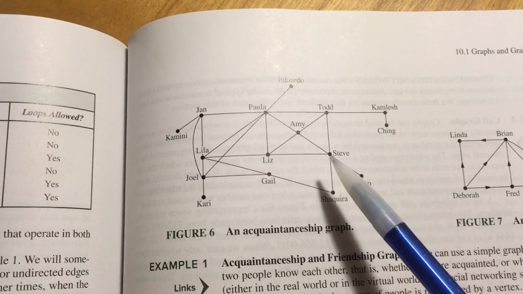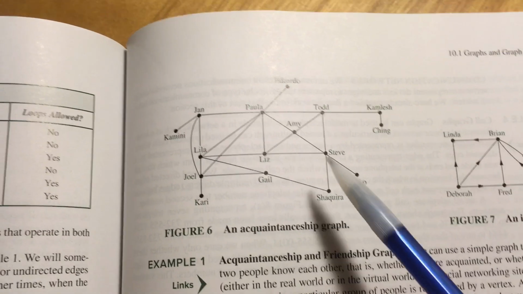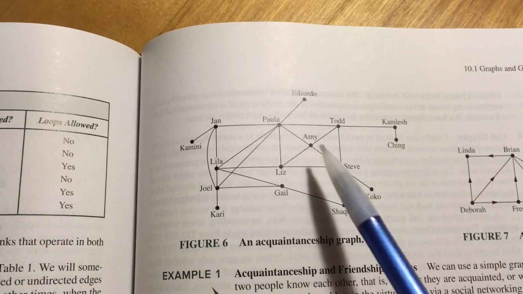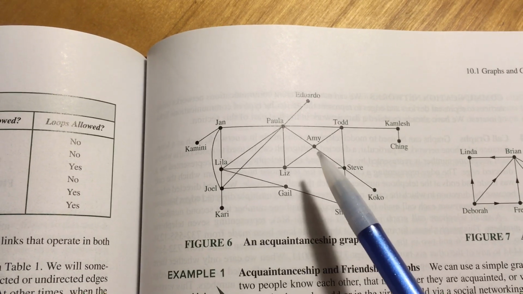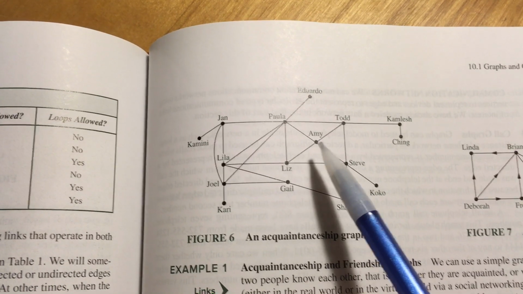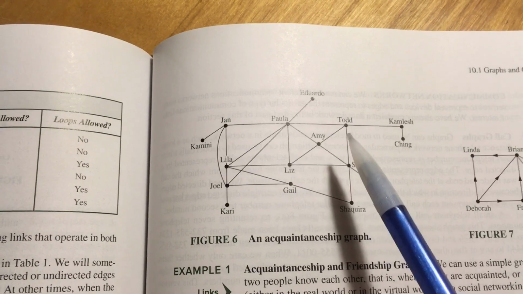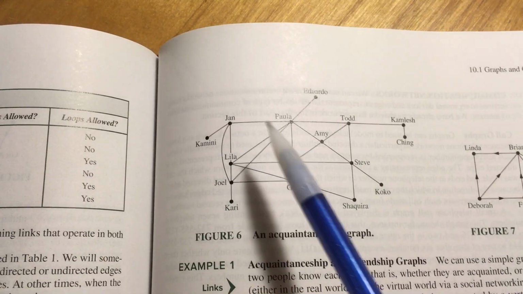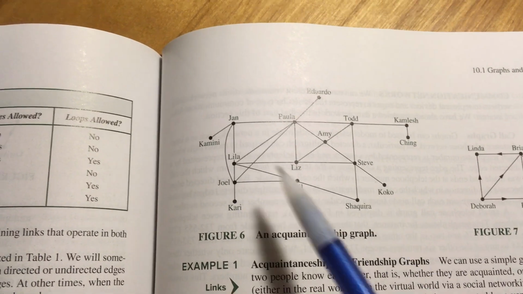If we think of these edges as indicating that these people interact with each other, then for instance, the degree of a vertex would represent how much social interaction that person is having.